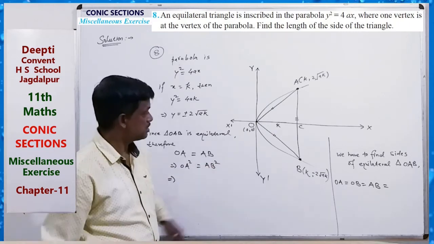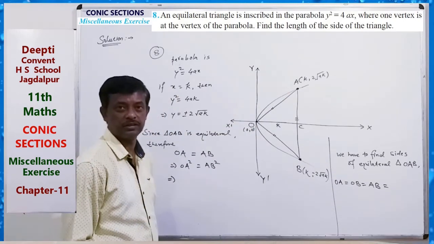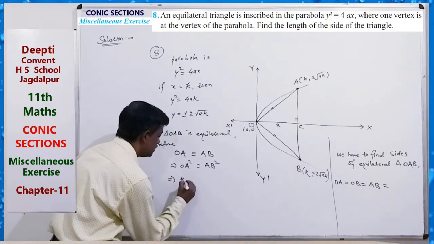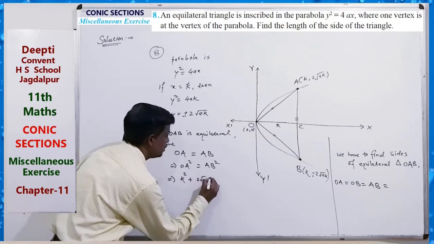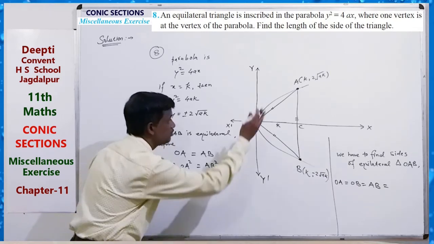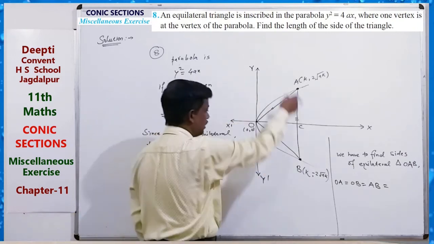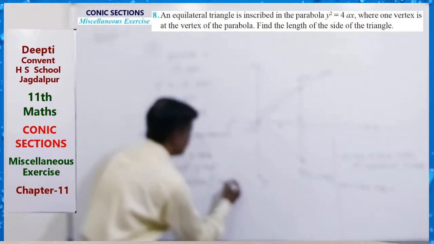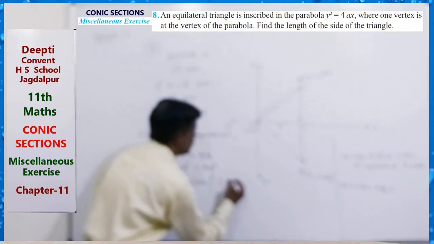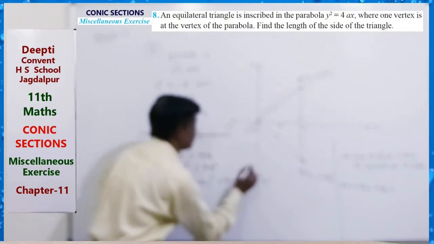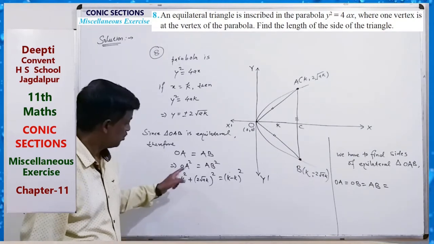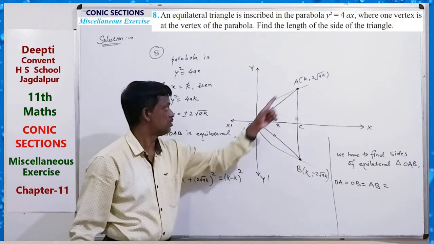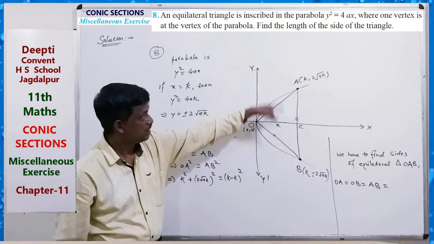OA square means from 0, 0 to this point, using the distance formula: k square plus 2 root ak square equals AB square.